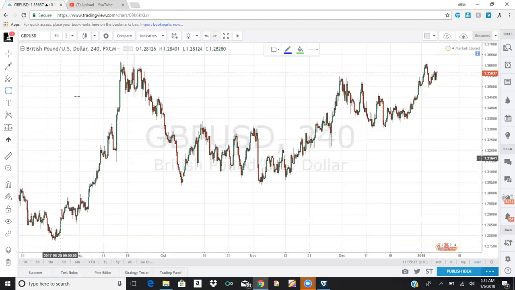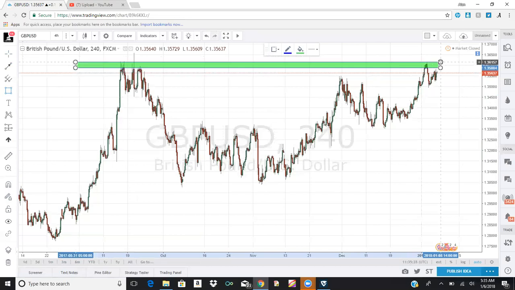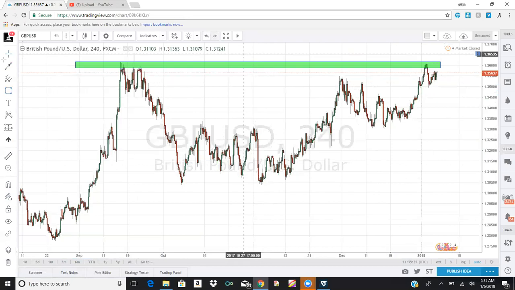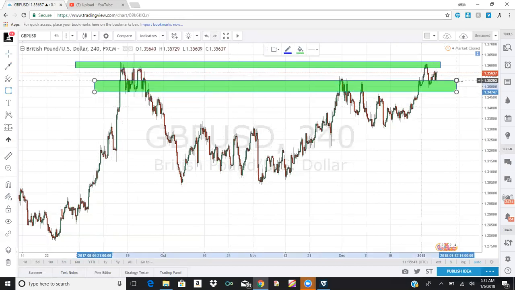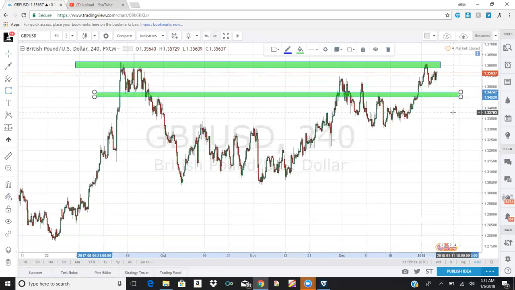So what I'll do is find the top of the candle and then go to the wick, right? So here's a zone of resistance, right? And then I don't know why my computer's being weird like that, but there's a zone of resistance or support.